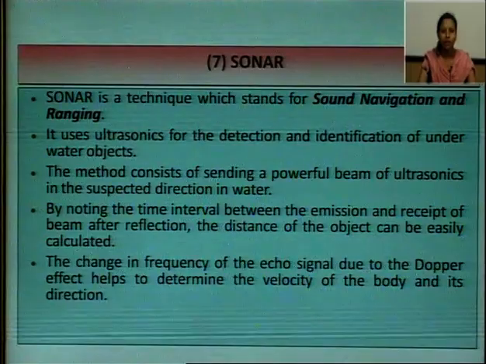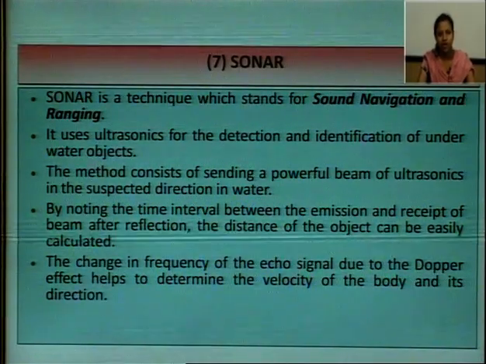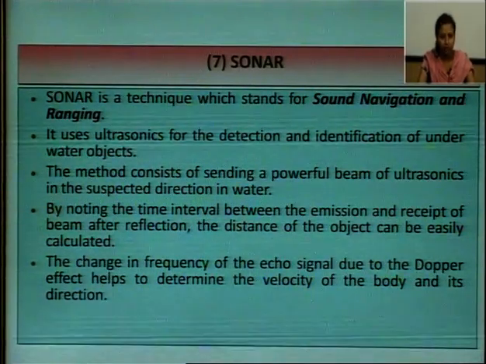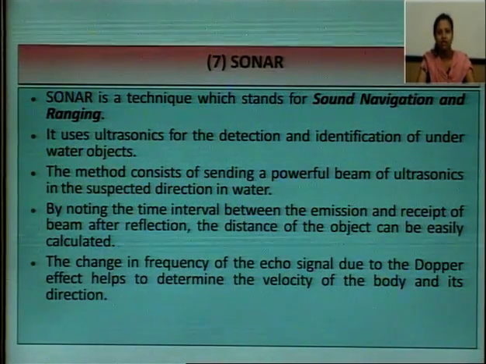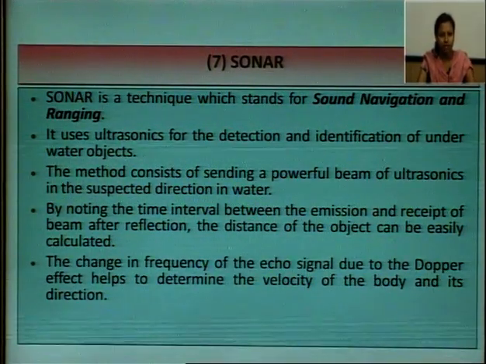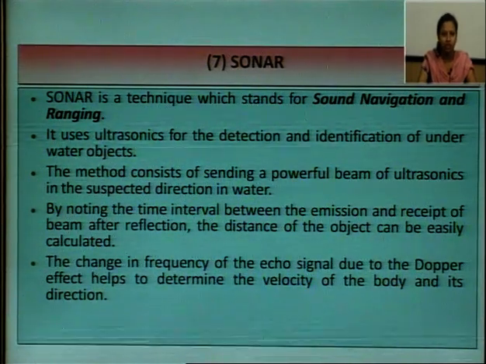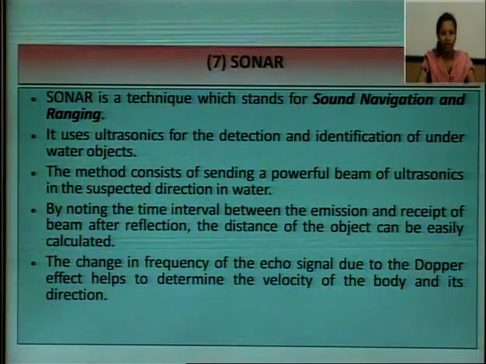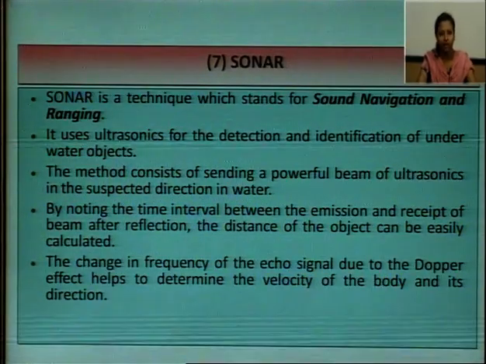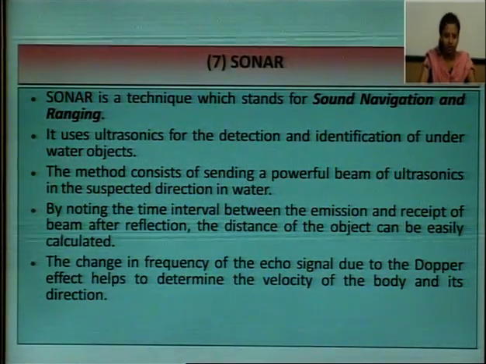By noting the time interval between the emission and receipt of the beam after reflection, the distance of the object can be easily calculated. The change in frequency of the echo signal due to the Doppler effect helps to determine the velocity of the body and its direction.